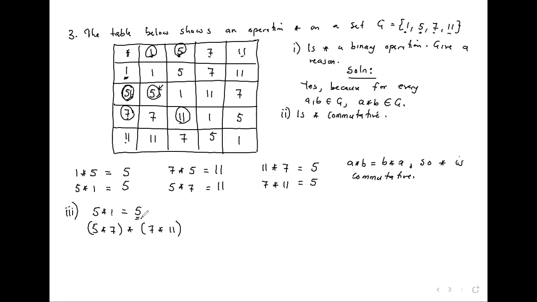Then 5 star 7, we get 11. So we put 11 here. Then 7 star 11, we're getting 5. So we put 5 here. And now do 11 star 5. We're getting 7. So 7 becomes our final solution.